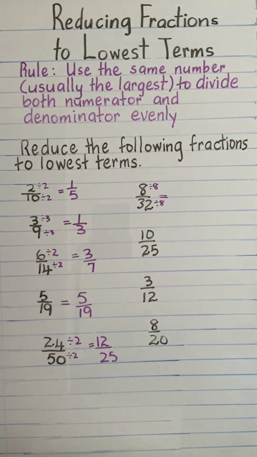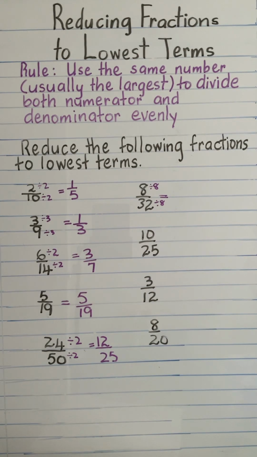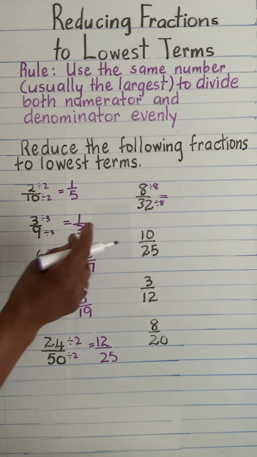We could go ahead and divide by 2, or we could divide by 4. But since we spot the largest number, it's best to go with the largest number instead of having to work several times from a lower term to a lower term until we get to the lowest term. So if we can spot the largest number right away, it's good to just keep it going.